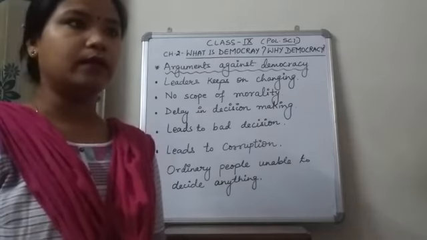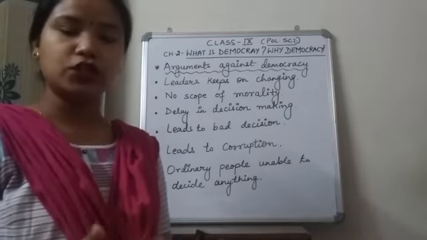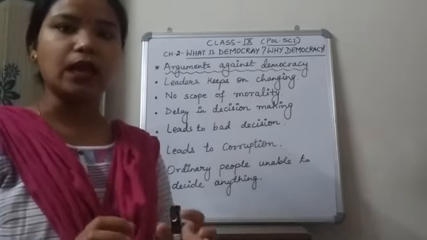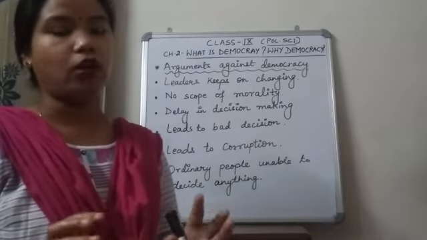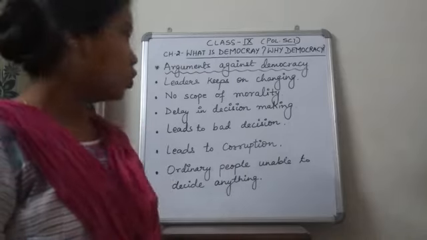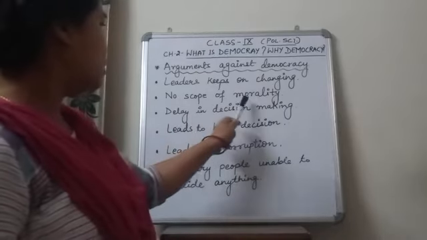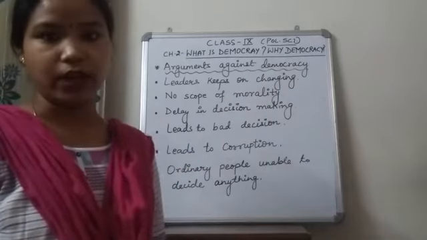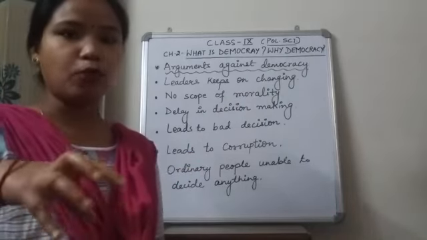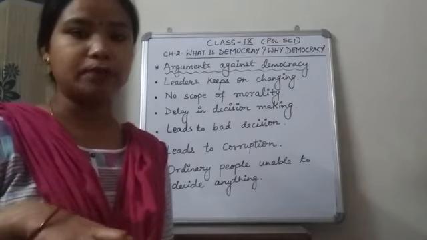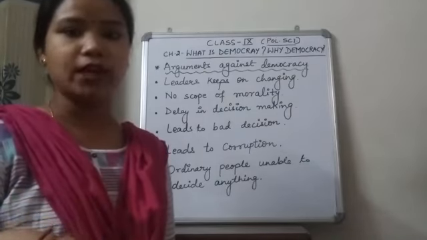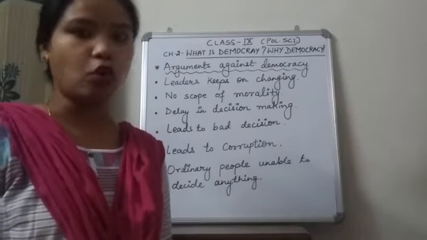They put allegations on each other at the time of the political competition so that they can win the hearts of their citizens. This means less scope of morality in the country. At this point of time, many of the political party rulers or members lose their moral values at the time of the political competition.